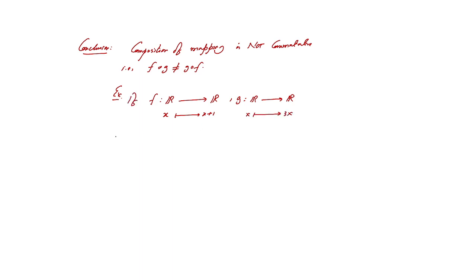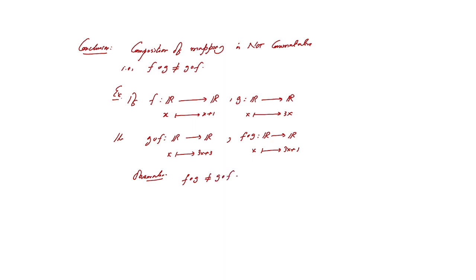Then g composed f from R to R is x goes to 3x plus 3, and f composed g from R to R is x goes to 3x plus 1. So our observation is here f composed g not equals g composed f.